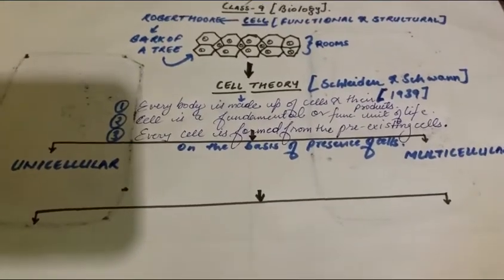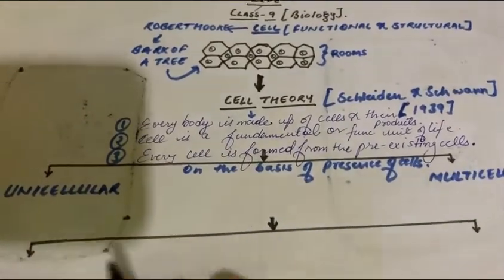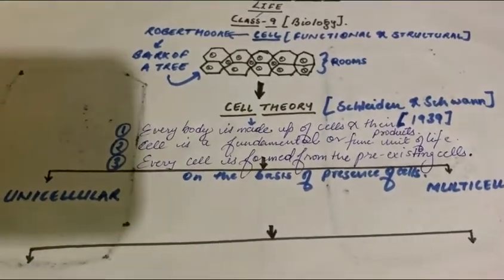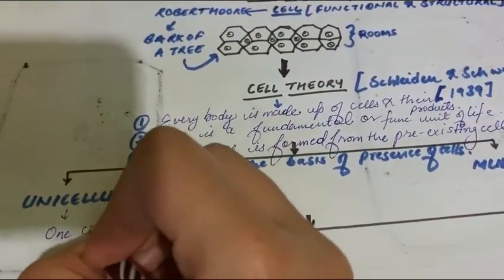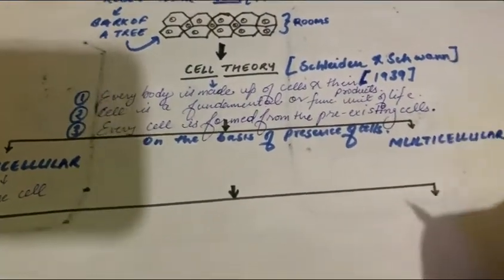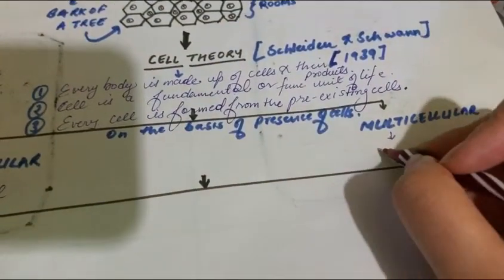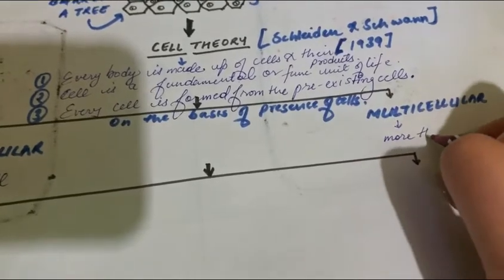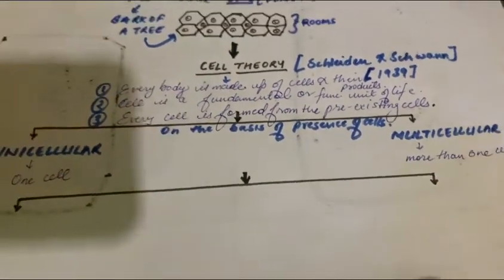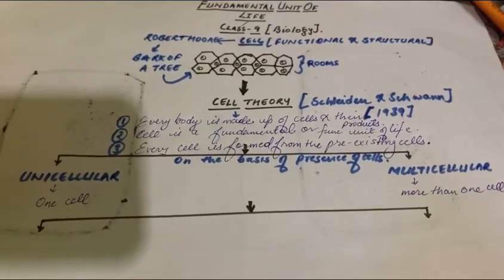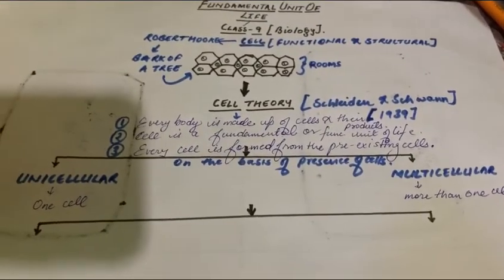What are these organisms? A unicellular organism comprises only one cell. The body is made up of only one cell, whereas a multicellular organism comprises more than one cell, and thus we call them unicellular, multicellular, and so on.